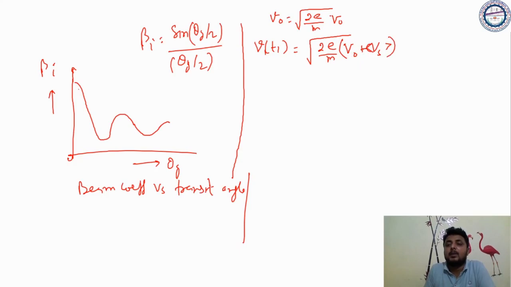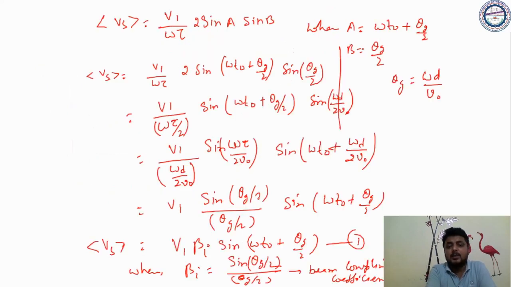This V naught was already there, and this Vs is applied at the gap. Therefore, previously we have Vs equal to this value, equation number 1; we will substitute equation number 1 in that equation.